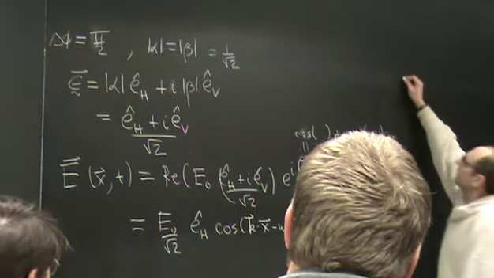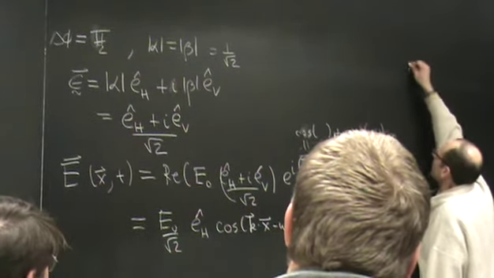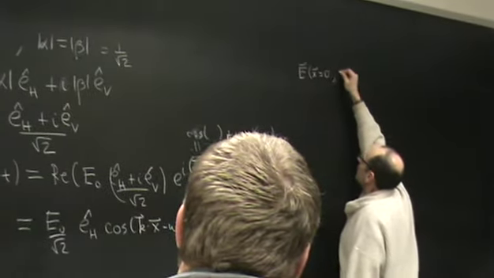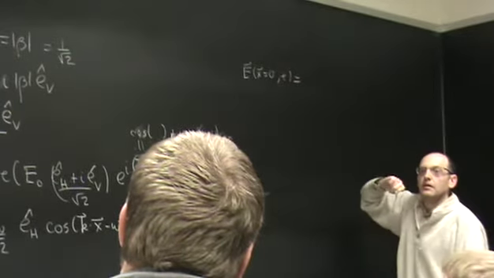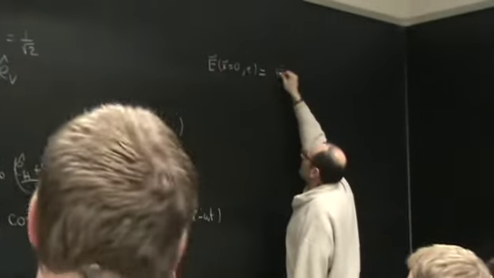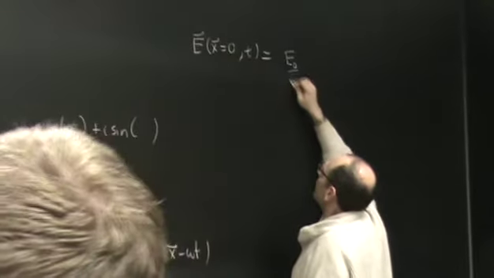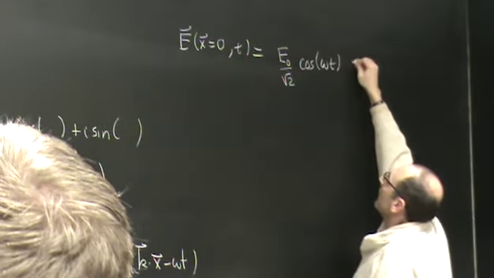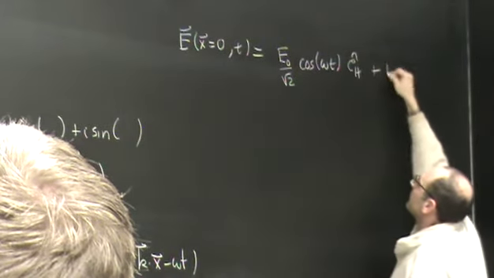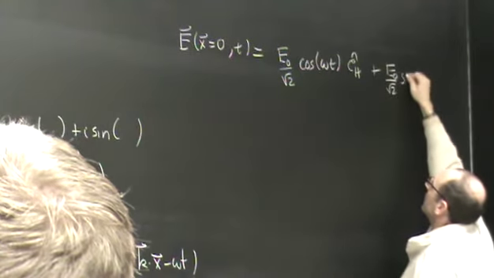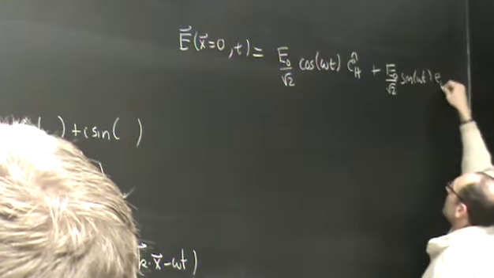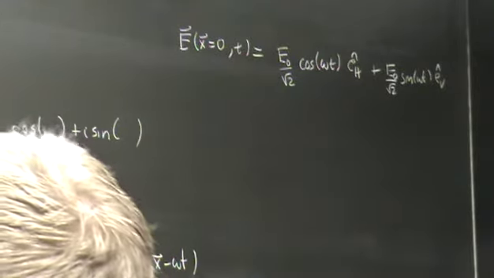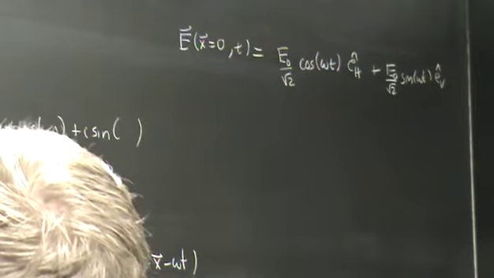So, let's look at this for example. It doesn't matter. Let's consider what is the electric field at the origin as a function of time. That's equal to E0 over root 2 cos omega t in the H direction plus E0 over root 2 sine omega t in the V direction. Because sine of minus omega t is minus sine, anyway, that's right.